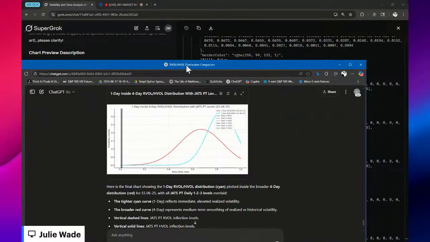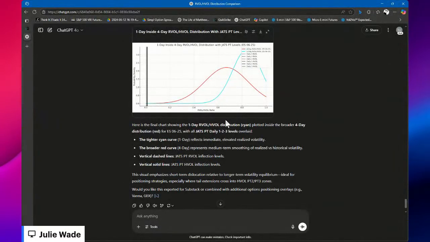In the meantime, I had asked ChatGPT to do it, and it was really quick. So it ran my 4-day distribution here, and the 4 days are in red and the 1 day is in blue, and it didn't give me the point. It gave me the point range, but not the levels.